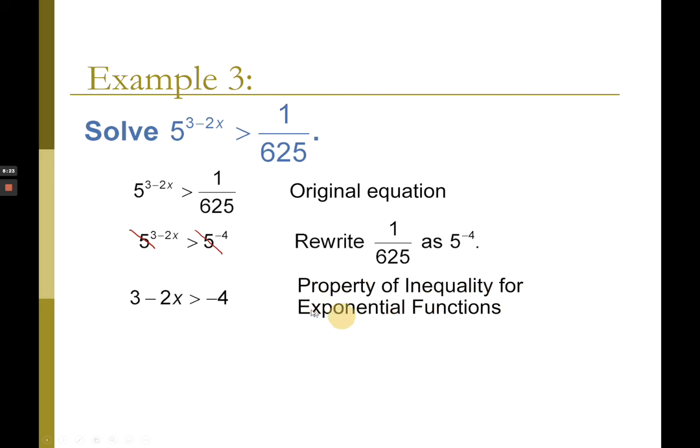This is the property, just like your property of equality of exponential equations. That's the reason why we can do it by canceling your like base, and we can write your inequality of your exponents. And so we just solve for x. Take out your 3 first.